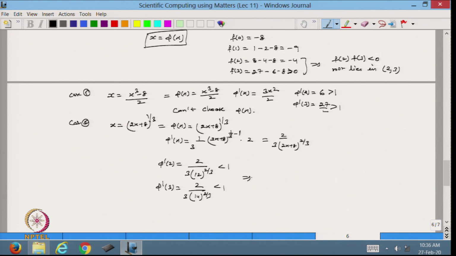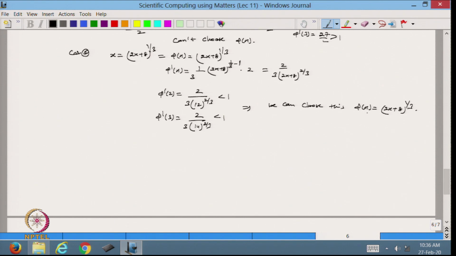So, from here we can choose this phi x, that is 2x plus 8 to the power 1 by 3. Based on this I can take different values of phi, and once I get this value of phi I will stick to it and then do the iterations.